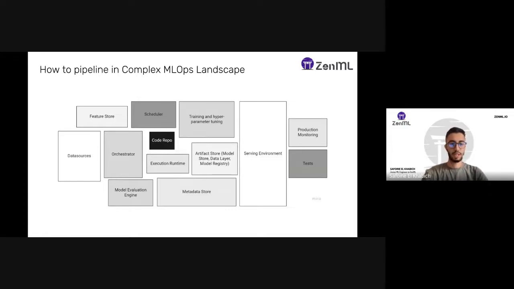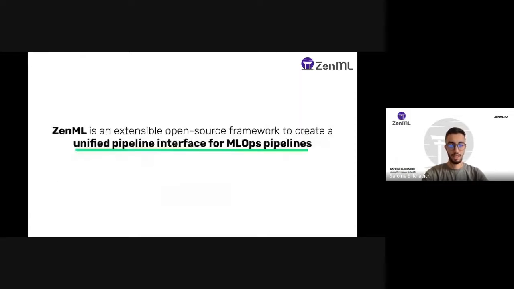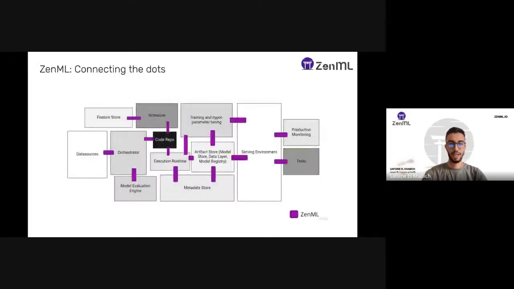So in order to solve this, ZenML is an extensible open source framework to create a unified pipeline interface for MLOps pipelines. And what does that mean exactly? It simply tries to connect or glue all these components together in an architecture where we're going to use something called pipelines and stacks.